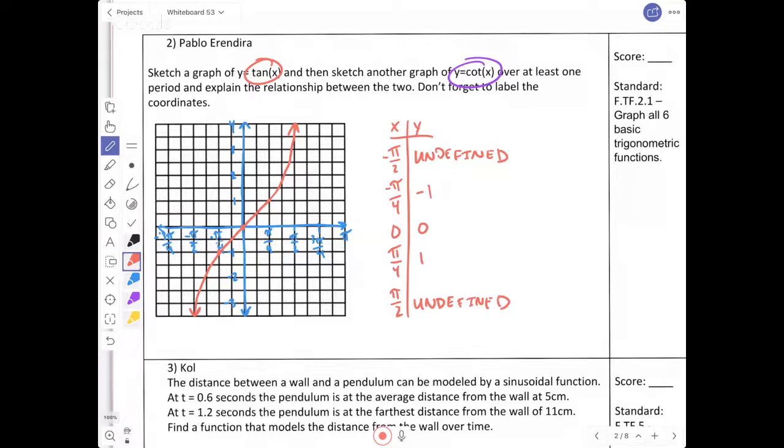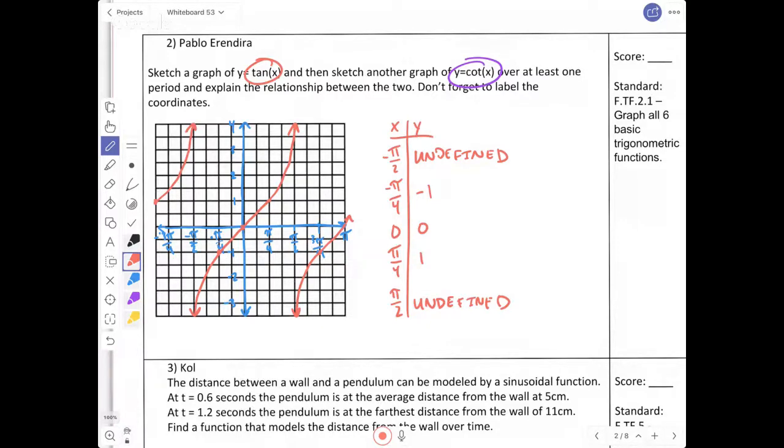I've got the same thing happening here. Negative 3 pi over 4 would be at 1 and coming up. And over here, we're going to be at negative 1 and coming down and up. Cool. So there's my tangent curve.